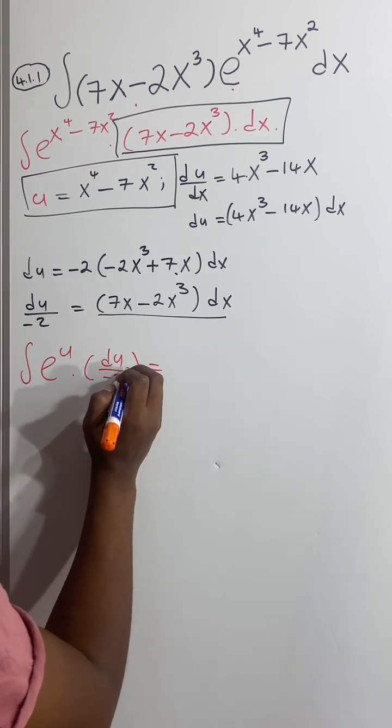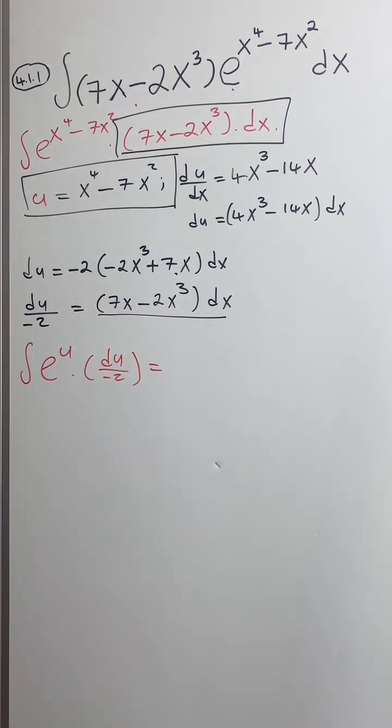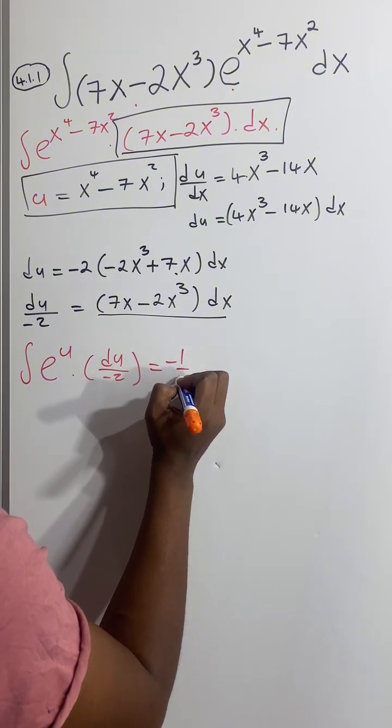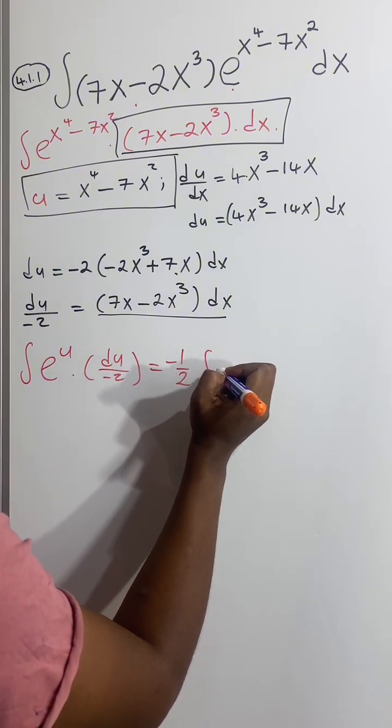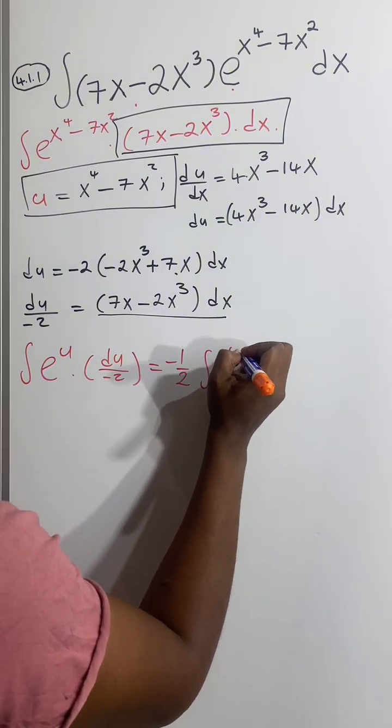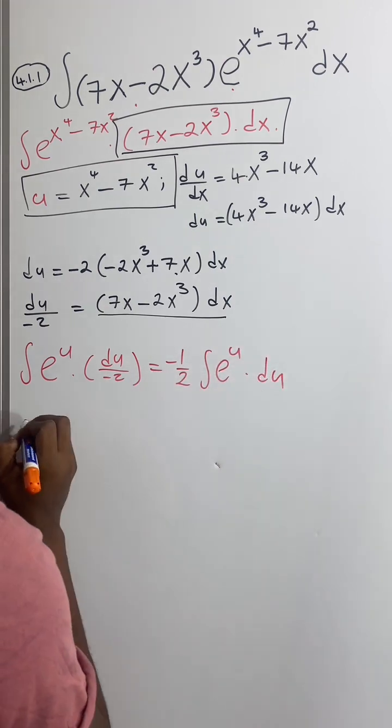So let's write this 1 over negative 2 out of the integral because it's a constant. So inside the integral, we will be left with e to the power u du.